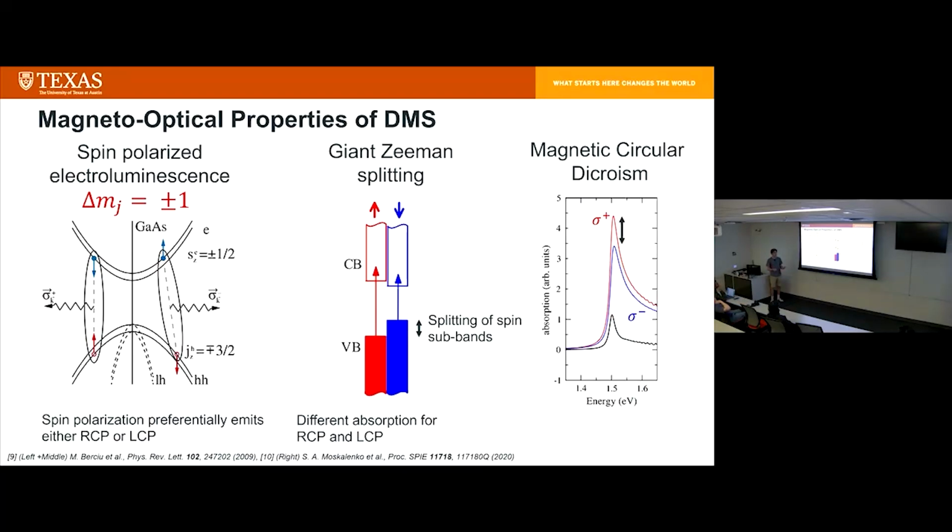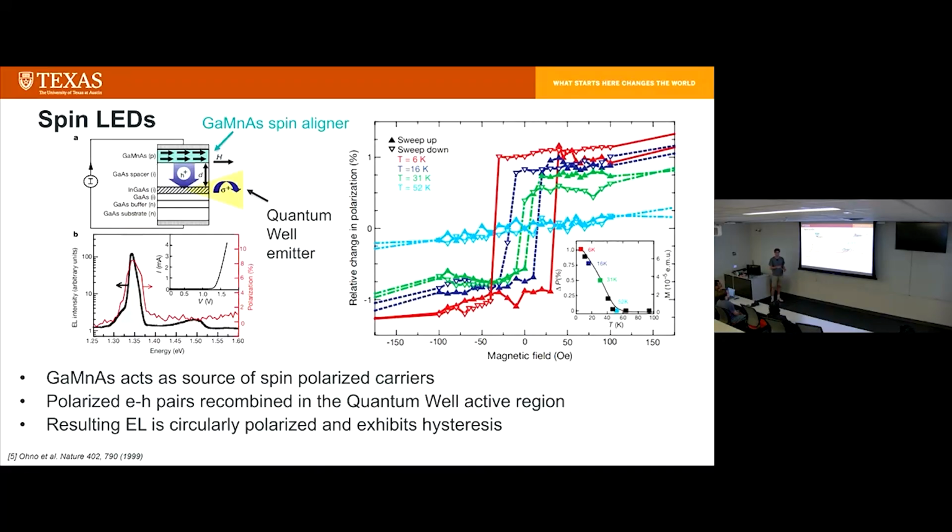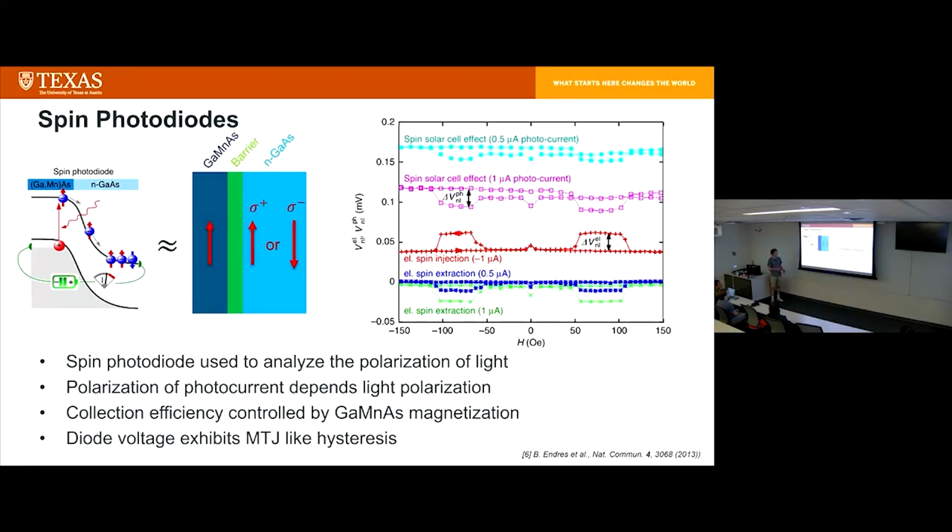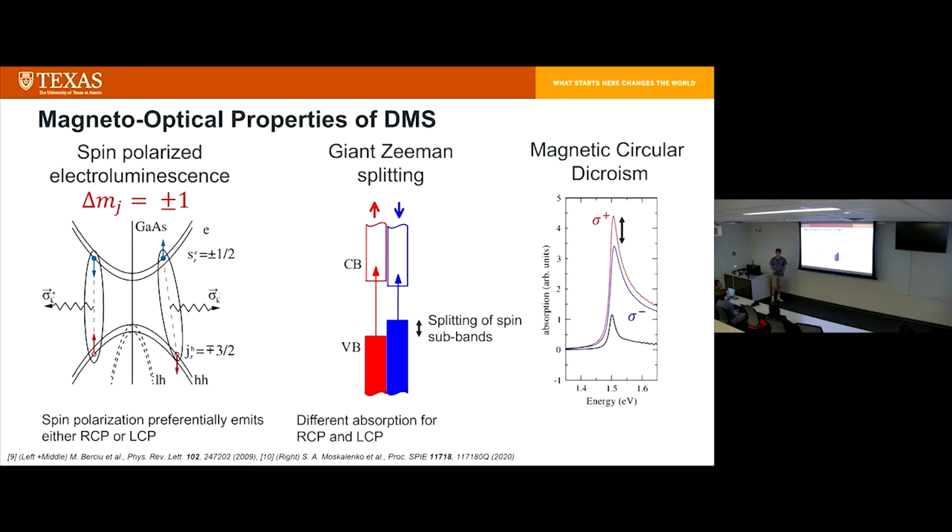And so what that means is that the quantum number mj must increase or decrease by 1, depending on whether you're absorbing or emitting a right or left circularly polarized photon. And what that means is that certain spin states can only absorb or emit into certain other spin states. So if you have a spin polarized carrier density, then you end up preferentially emitting or absorbing into either right or left polarized photons.